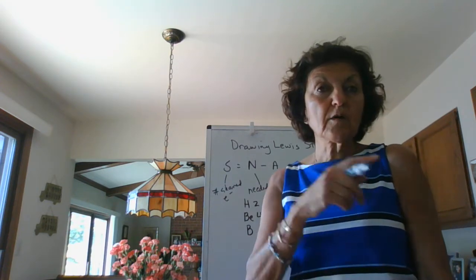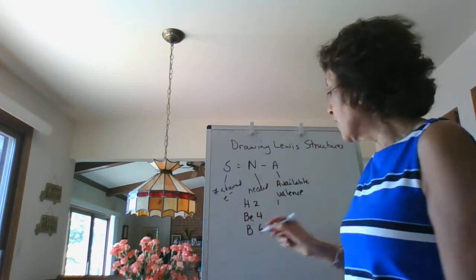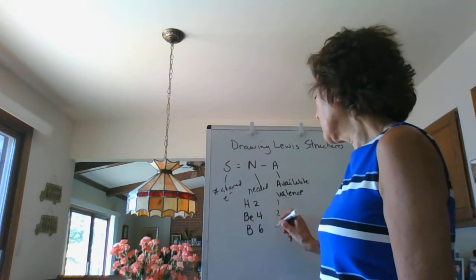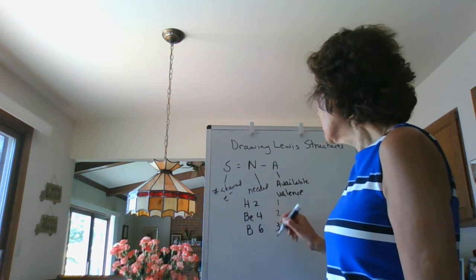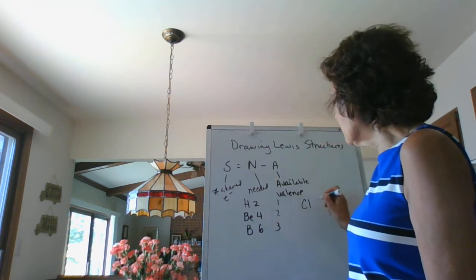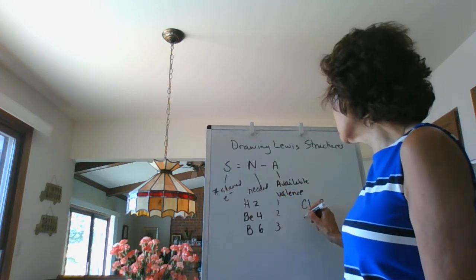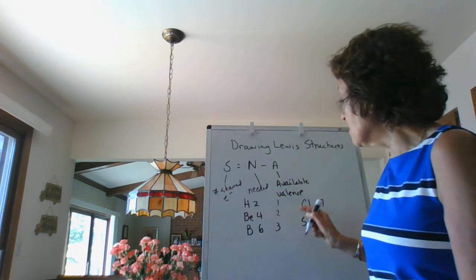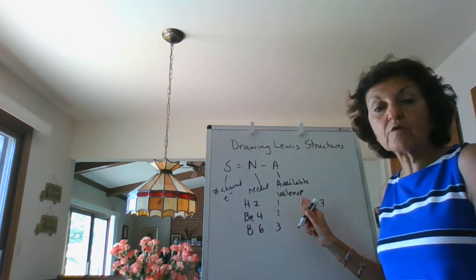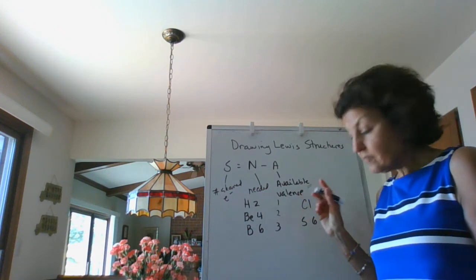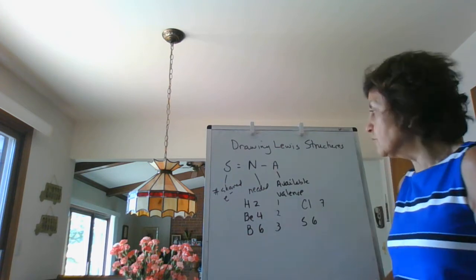Beryllium's in group 2A, it has 2 valence electrons. Boron has 3 valence electrons. If you look at chlorine, its available is 7. If you look at sulfur, its available is 6. But the N value for chlorine is 8, and the N value for sulfur is 8. Okay, so those are your ground rules.